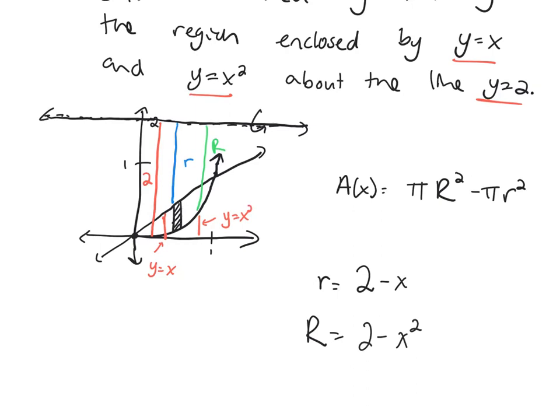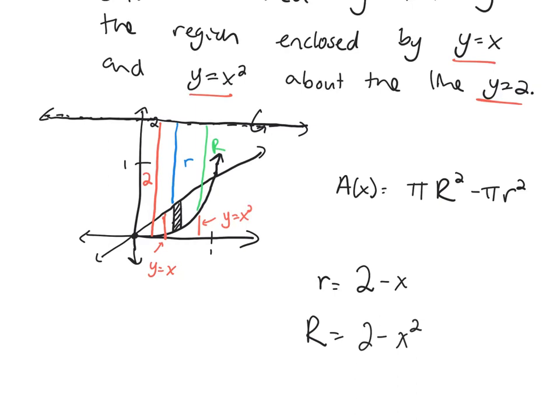So to get the big R, the green, I take my red 2 distance all the way down, and then I subtract off this little red distance here. Are you okay now? All right. I know it's a lot.